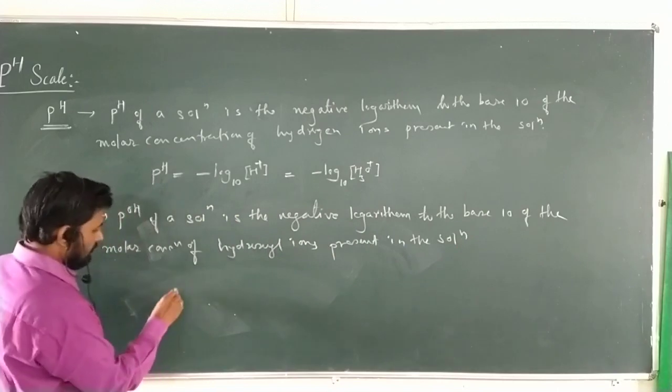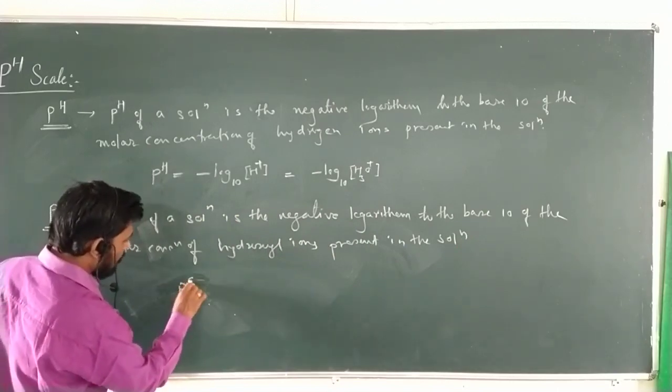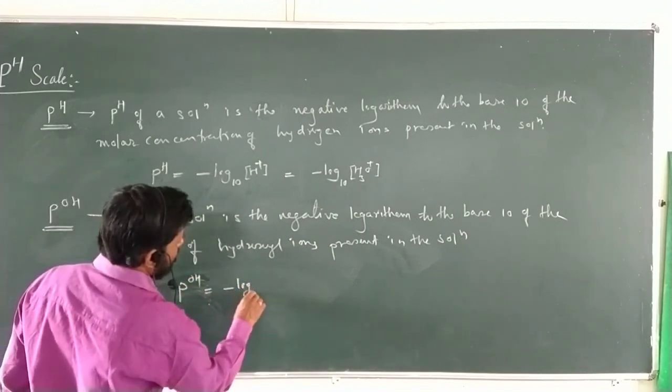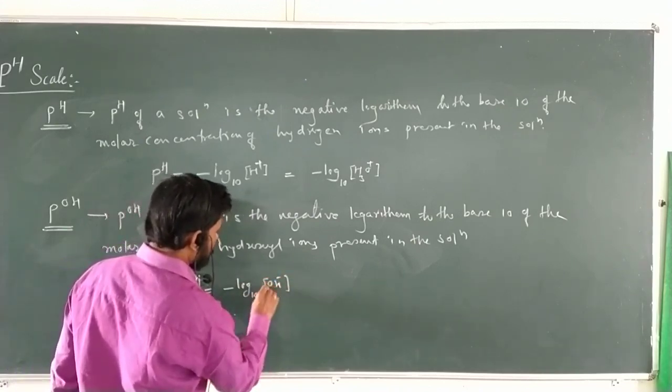That is, we can write pOH, always p to the power OH, equal to negative logarithm to the base 10 of the hydroxyl ion concentration.